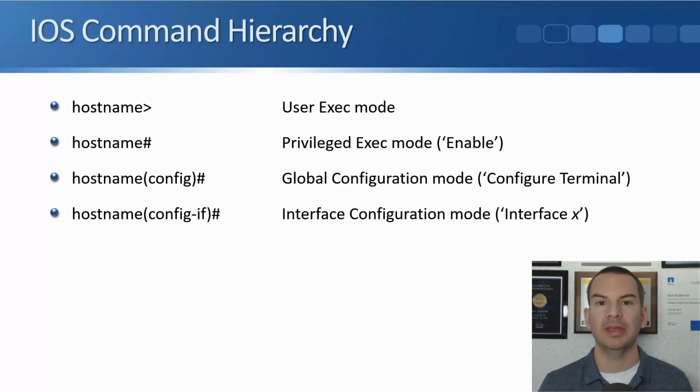The command for that is configure terminal or config t, and you'll see that the prompt changes to include config in brackets. And then when you configure a particular thing on the router or switch, like a routing protocol or an interface, you go to that level and then the prompt will change again. For example, the host name and then config-if for configure interface if you're at the interface configuration level.